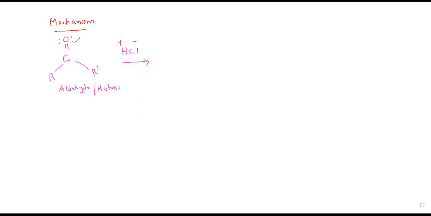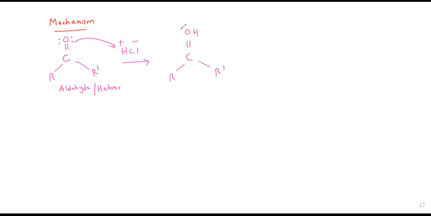Oxygen is going to abstract this hydrogen atom by donating the bonding electrons. Therefore, this oxygen will form a new bond with hydrogen. This is generally called a protonation step. Here you will get OH, R and R dash.